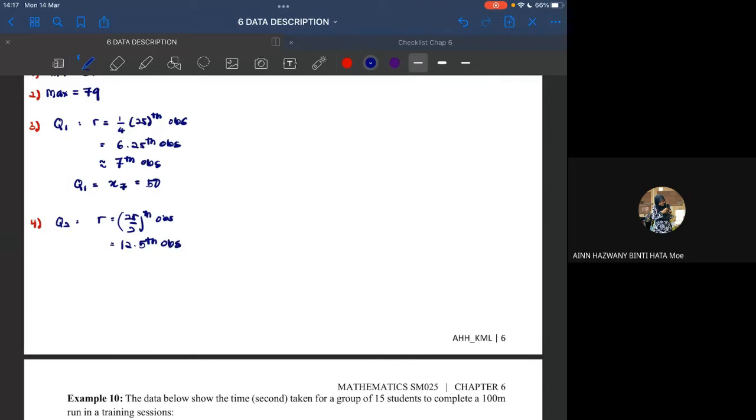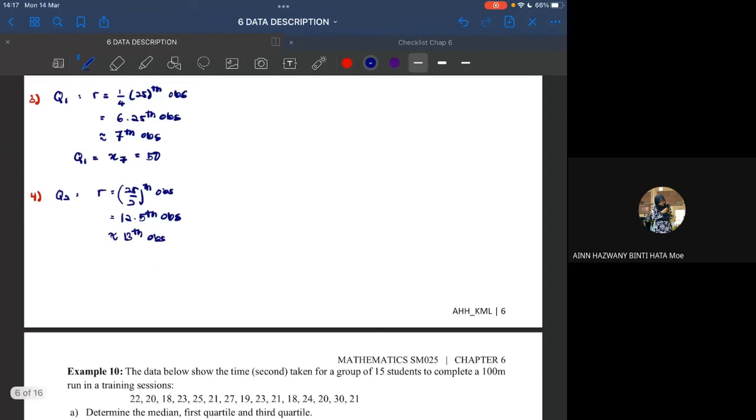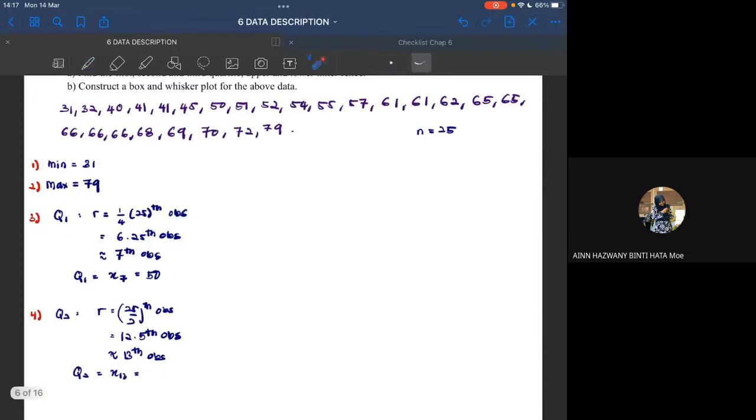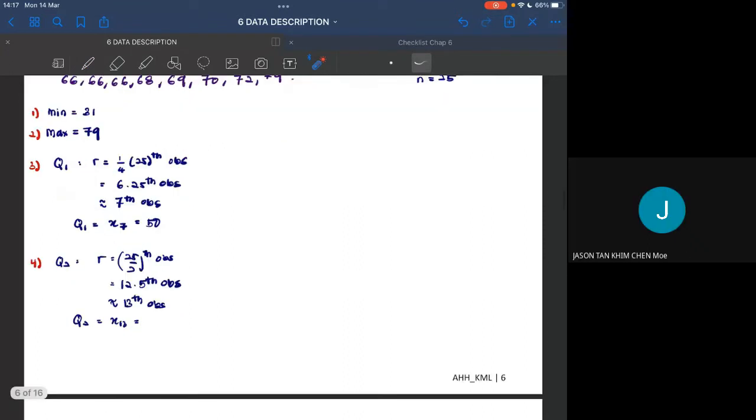This is non-integer, so we have to round upkan dia menjadi 13th observation. So to find Q2 is the 13th observation, which is the value 61.